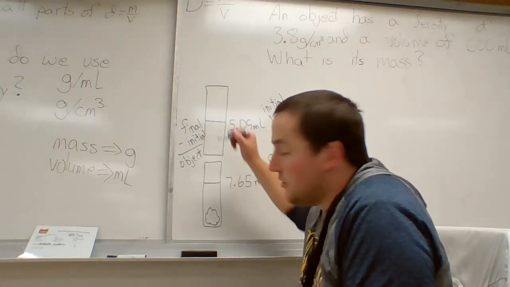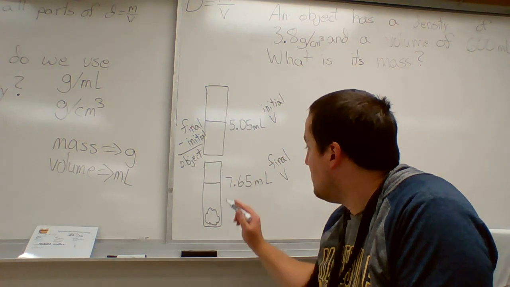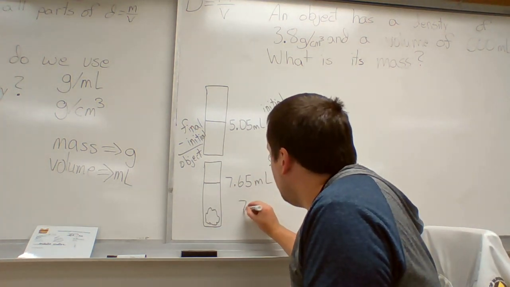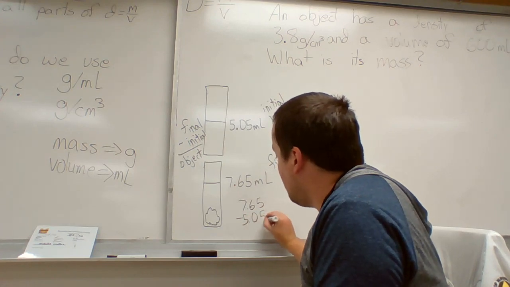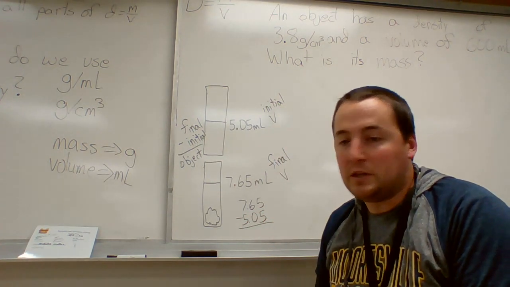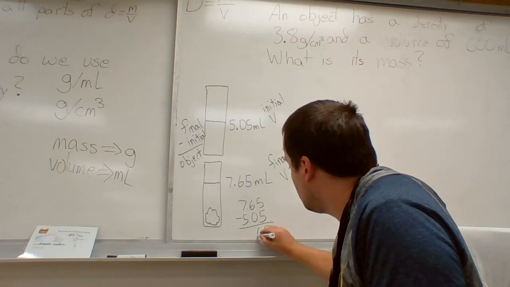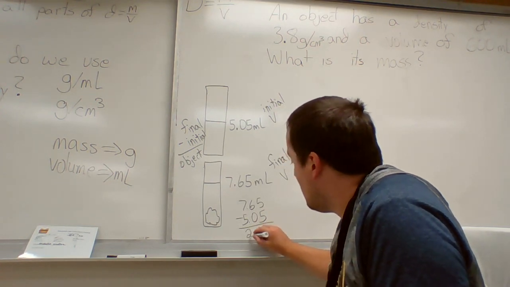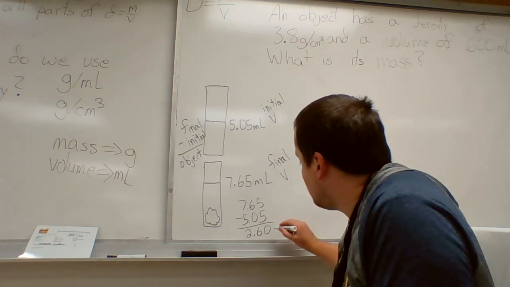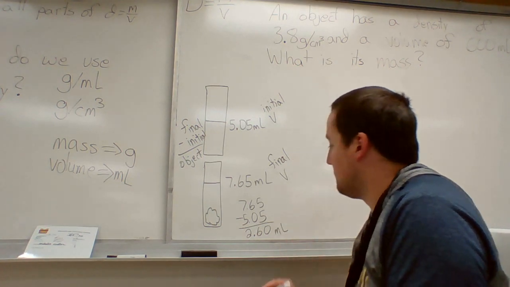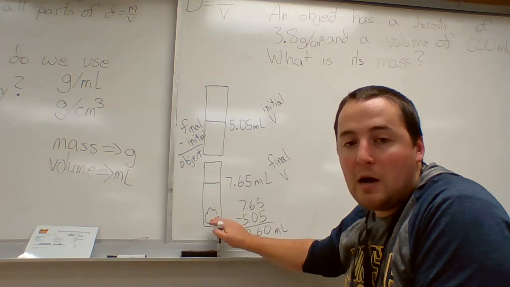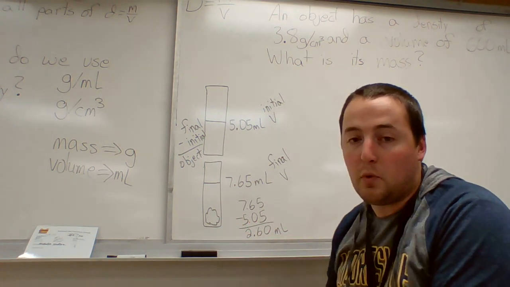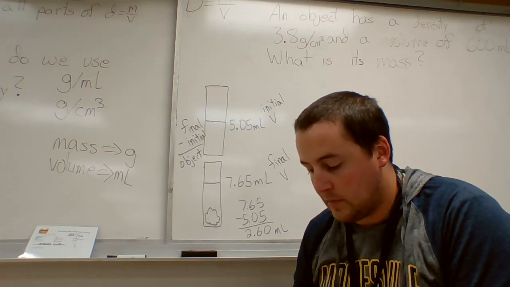So in this particular example, we would take 7.65 minus 5.05. And when we do that, we get a volume of 2.60 milliliters. So for this particular object, this object has a volume of 2.6 milliliters.